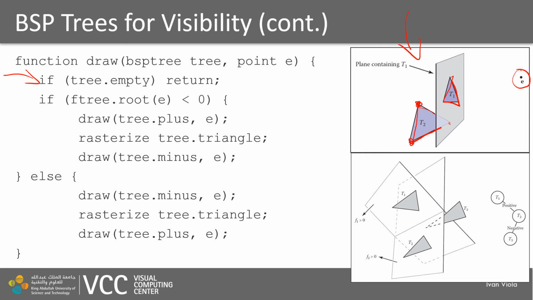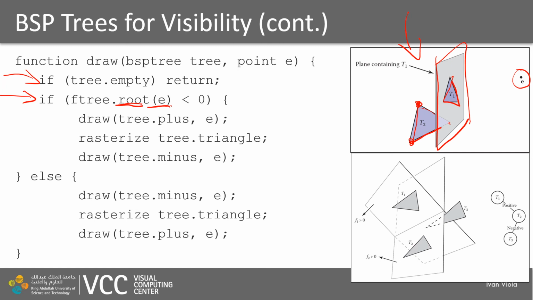If we evaluate the function of our plane with respect to the eye point, we find out that this is the first partitioning. We find out that the eye point is on the negative side, for example.